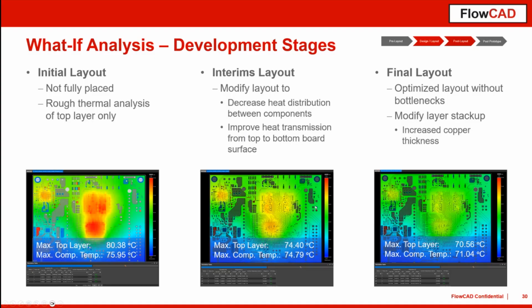What we did here from step 2 to the final step, we also modified the copper thickness, especially on these power planes. We started from half an ounce copper thickness, which means 70 micrometers, to 1 ounce, which means 35 micrometers. And we can see how that has an impact on the temperature distribution of your components and also of the copper.